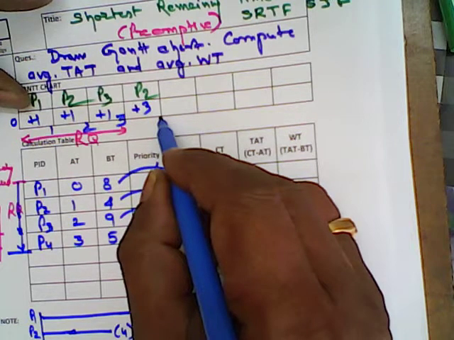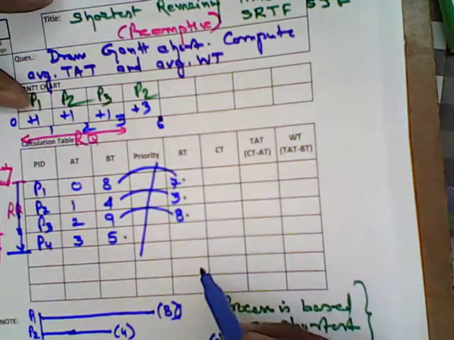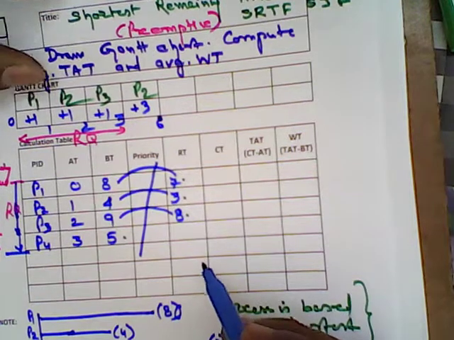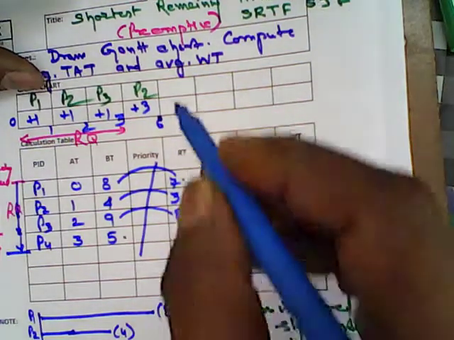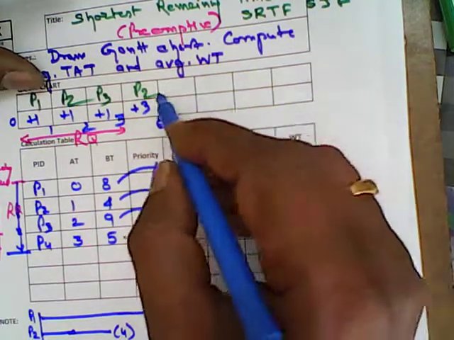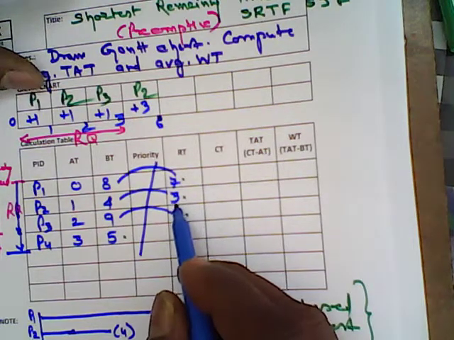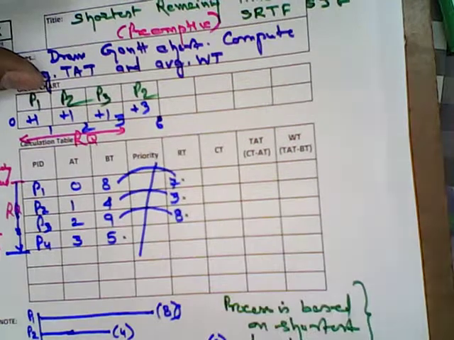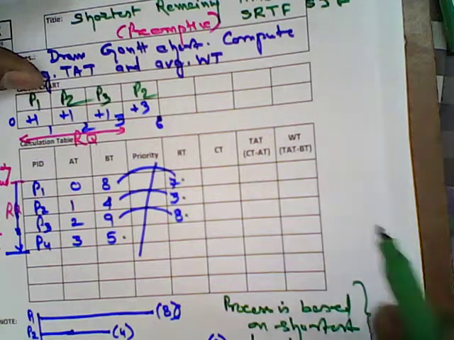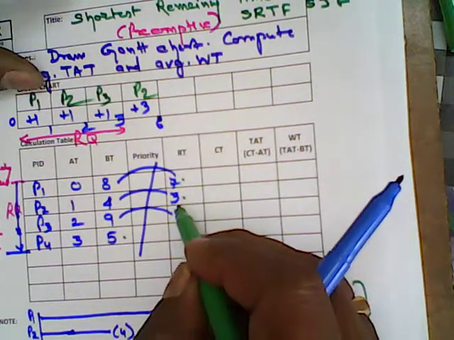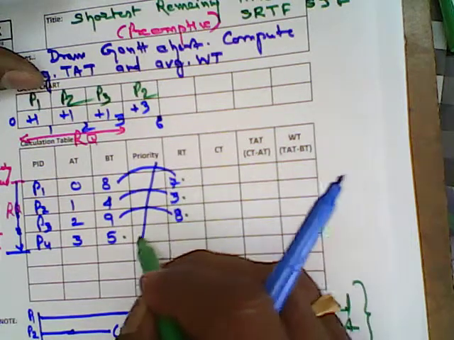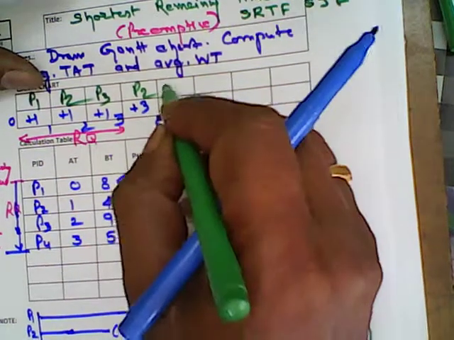3 plus 3, 6. And what is the next process? After the process P2, if you see, the next process is coming as 3, 5, P4. So P4 means it is going to compute the same +5.